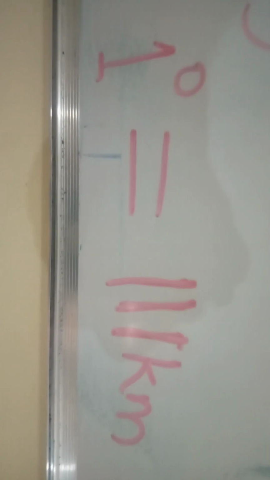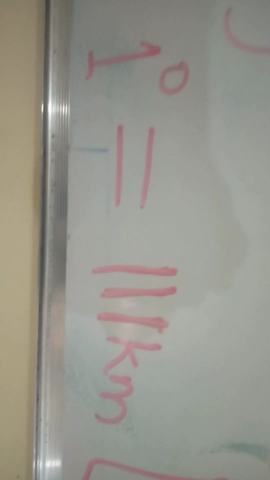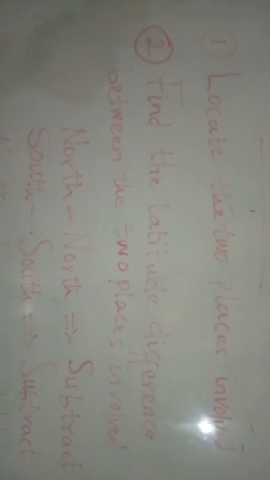And what does this statement mean? It means 1 degree of latitude is equal to 101 kilometers on the ground. So whenever you have located the two places involved and found the latitude difference between them, north and north subtract, south and south subtract, north and south add, equator and north or south, you add or subtract.